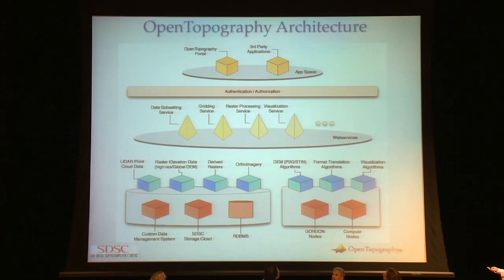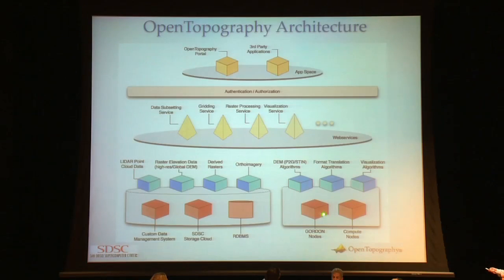So what we have done here is built all of this infrastructure, nice colorful boxes. Down here are storage systems that store the data, and there's a variety of different data types. I'm not going to go into the details, but the raw data that we get are called point clouds. The derived products are DEM elevation models, and there are all sorts of other data, imagery, for example.